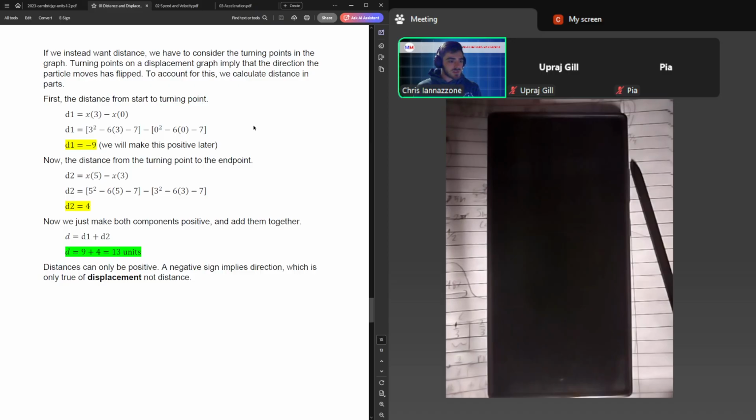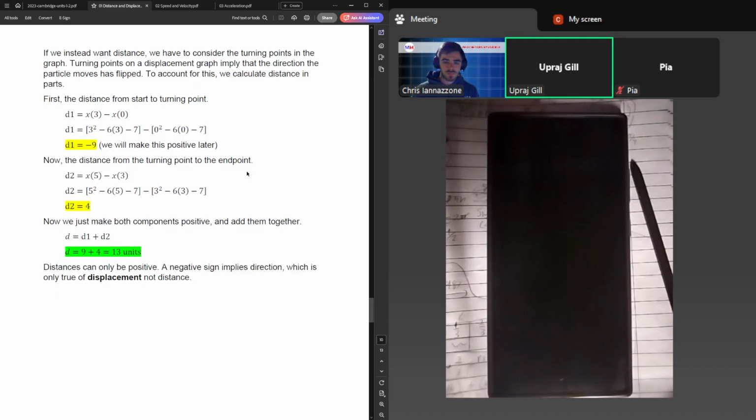Displacement is considered a vector, distance is considered a scalar. And so for that reason, any negatives would just be referred to as positives in the context of distance, because we just want all distance traveled to be positive. Right? It doesn't make sense to walk negative meters.